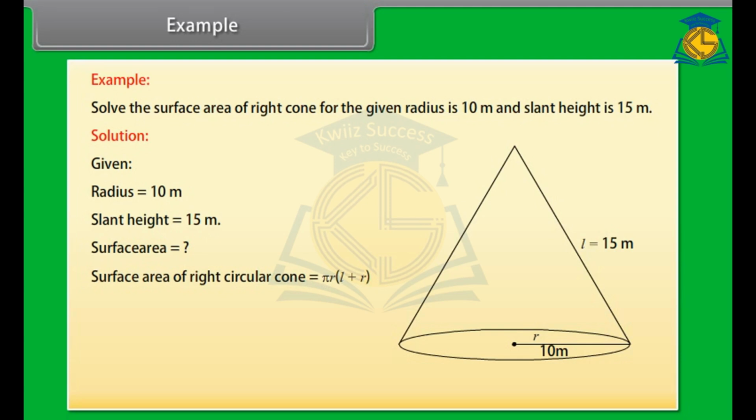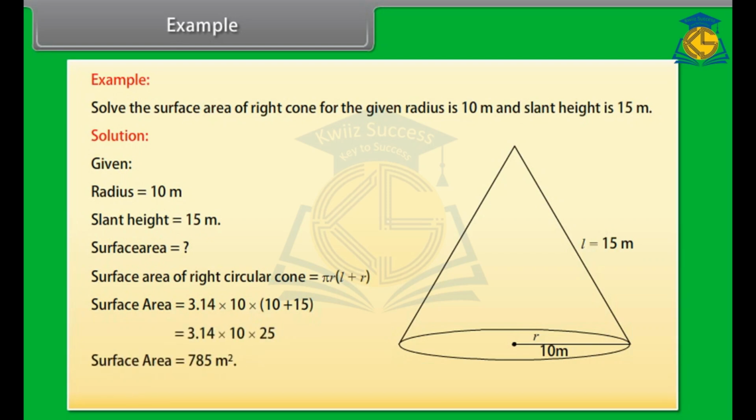Therefore, by substituting the values, we get surface area is equal to 3.14 into 10 into (10 plus 15). By solving this, we get surface area is 785 square meter. Therefore, surface area of the right cone is 785 square meter.